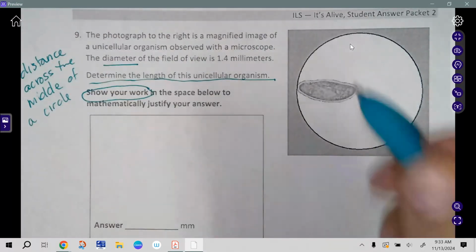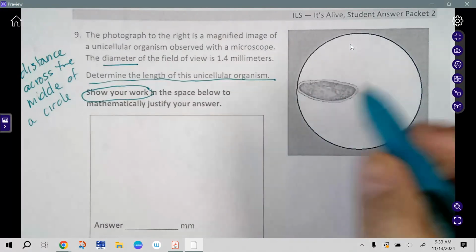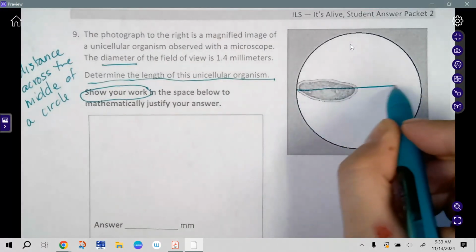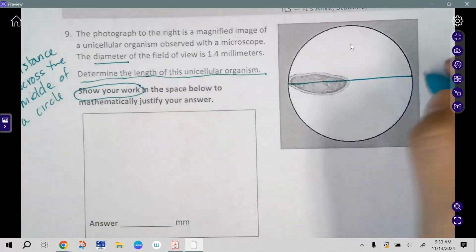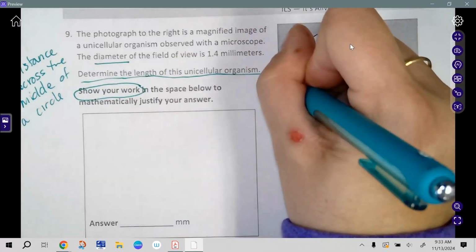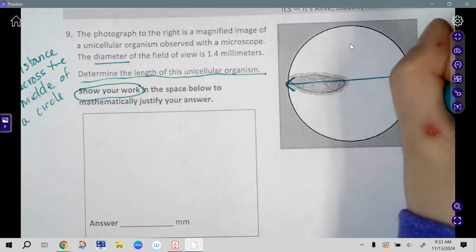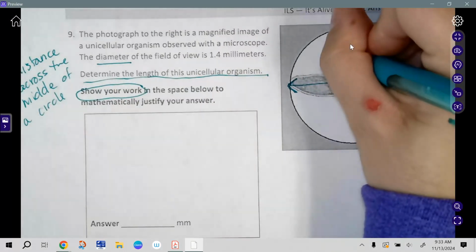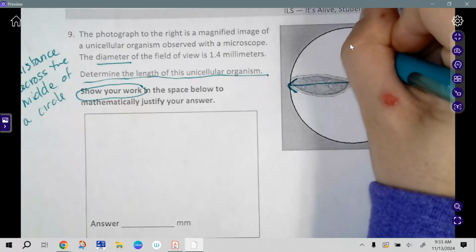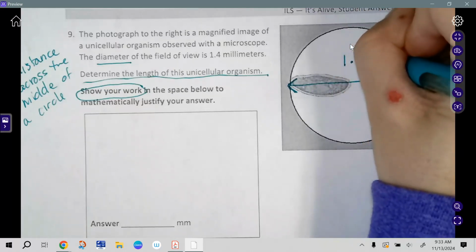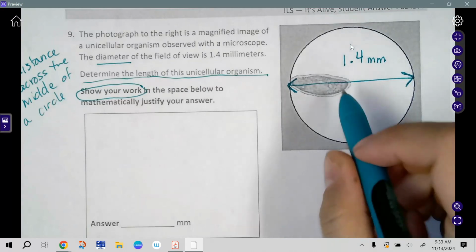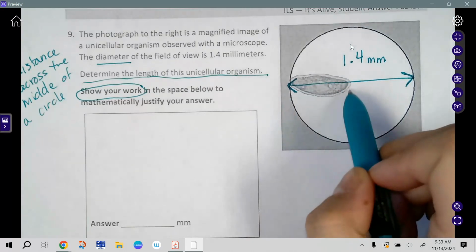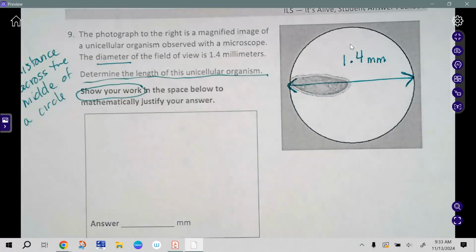Okay, so let's make sure we understand. So they're saying the diameter, so across the whole center part, this total distance is 1.4 millimeters. I want to know what is the size approximately of just this organism.